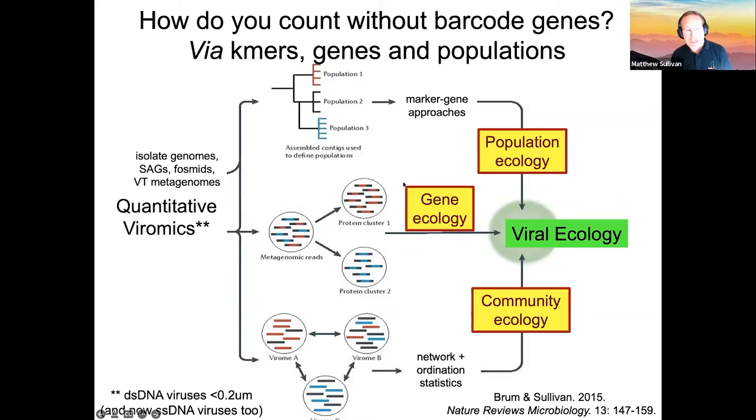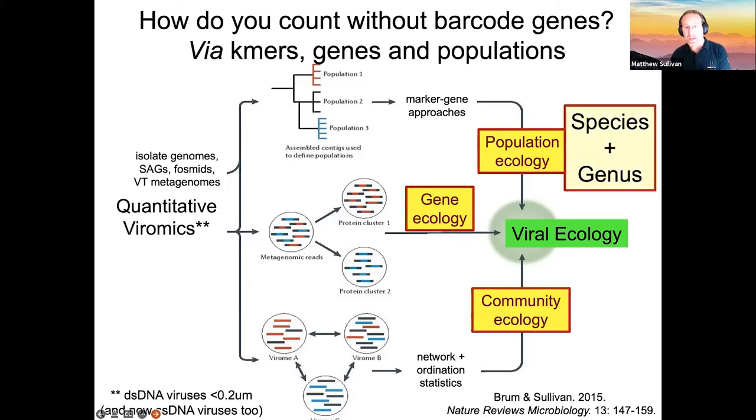You can predict genes in the assembled contigs, and those genes and their abundances can be assessed to do gene ecology. This would be if you're interested in what functions are important in environment 1 versus environment 2. Or you can do population-based ecology, and this is actually a very, very challenging and controversial part of the field, and I'll come back to that.